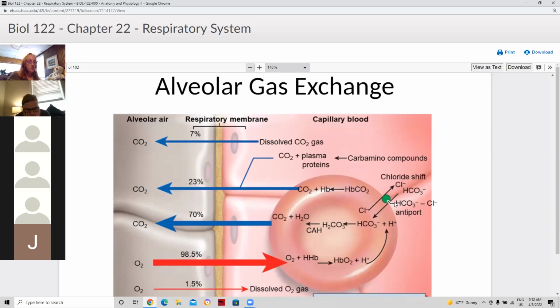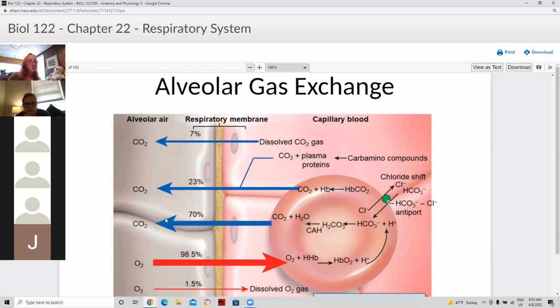The bicarbonate that was removed from the cell in a chloride shift is now going to be brought back in as chloride gets moved out of the cell. It is going to combine with the hydrogen ions that are coming off the hemoglobin, become carbonic acid that then easily dissociates back to carbon dioxide and water.